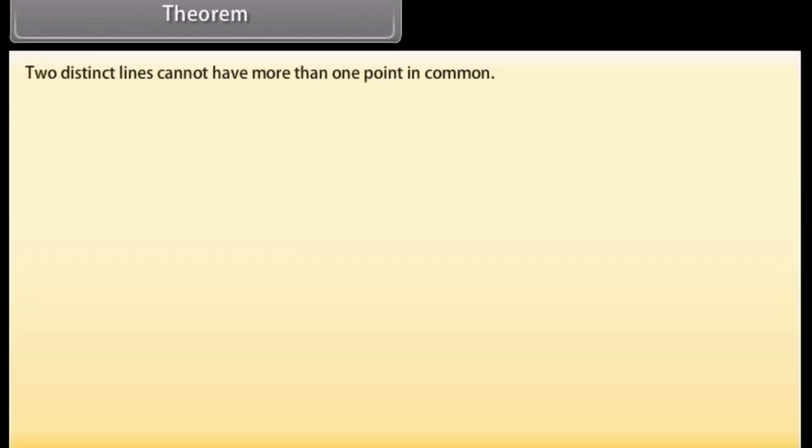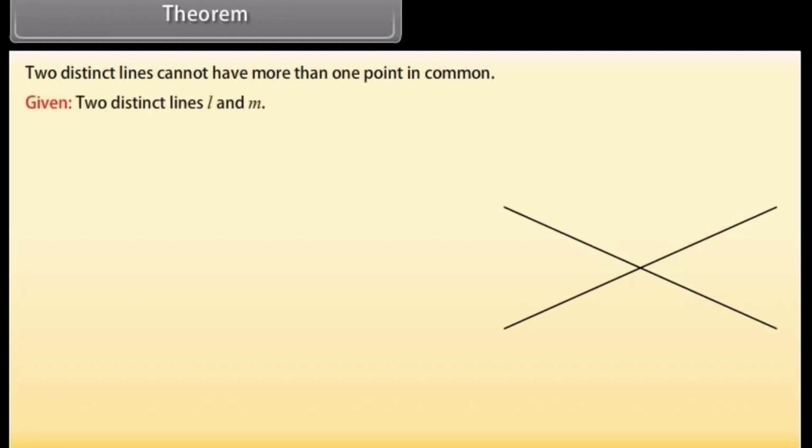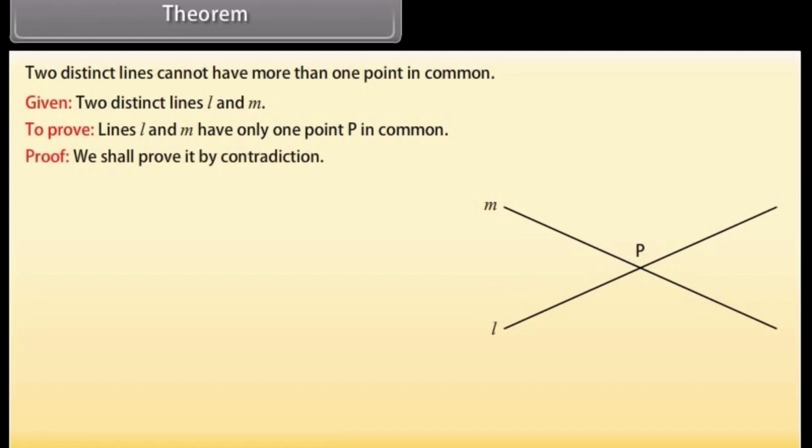Theorem: two distinct lines cannot have more than one point in common. Given two distinct lines L and M, we have to prove that lines L and M have only one point P in common. Proof. We shall prove it by contradiction.